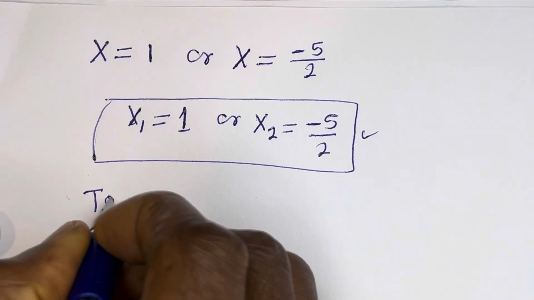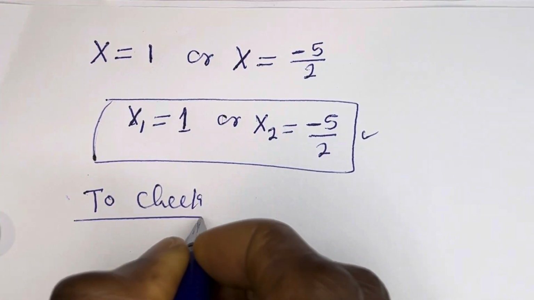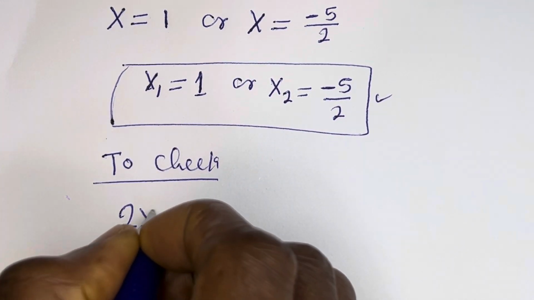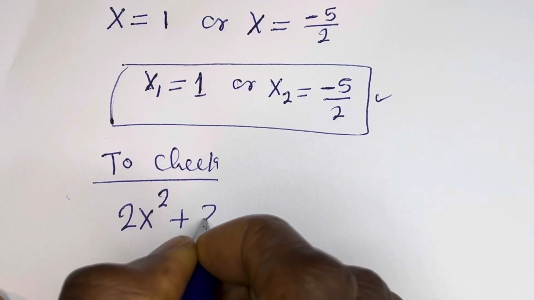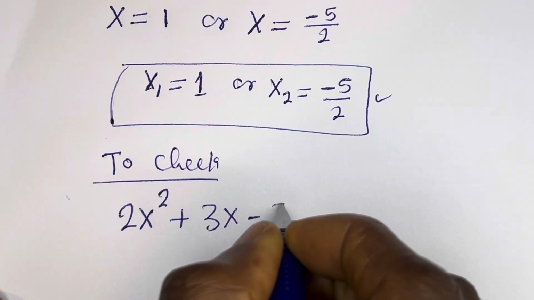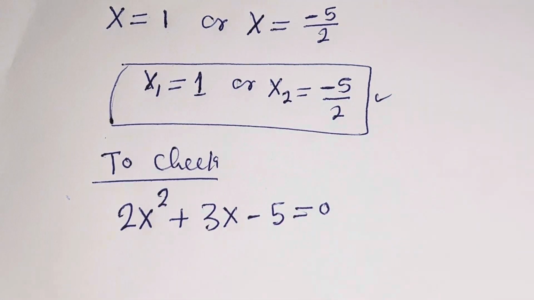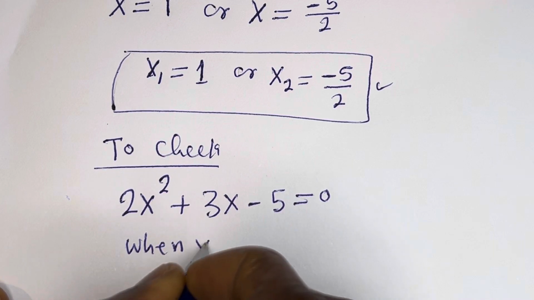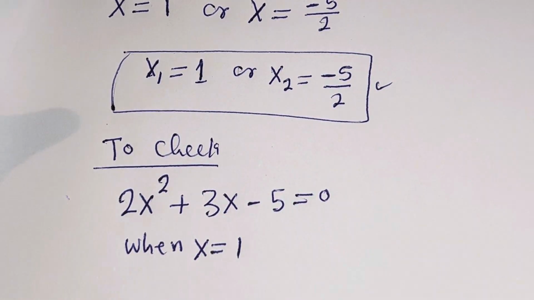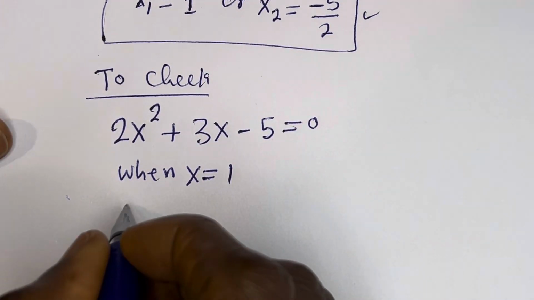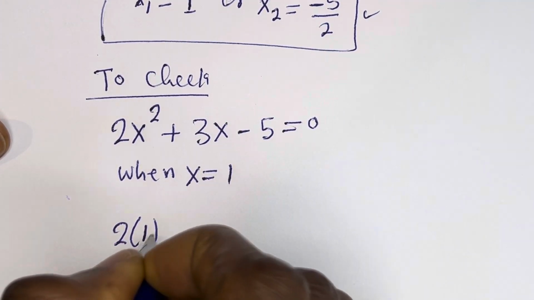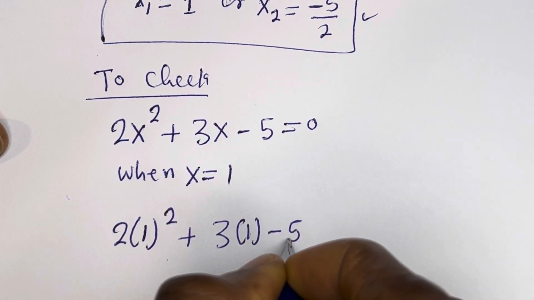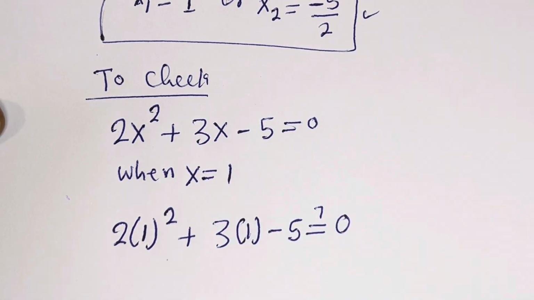To check, we have the given equation 2s squared plus 3x minus 5 is equal to 0 when s is 1. Then we have 2 bracket 1 squared plus 3 bracket 1 minus 5 must be equal to 0.